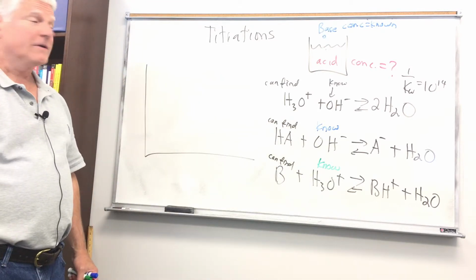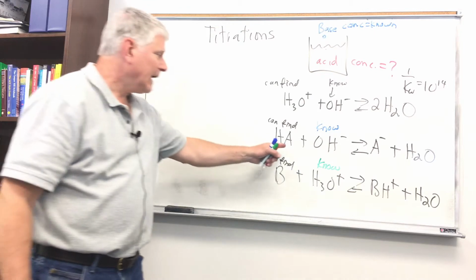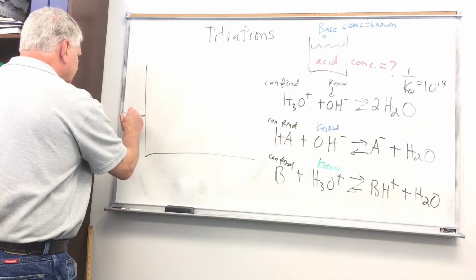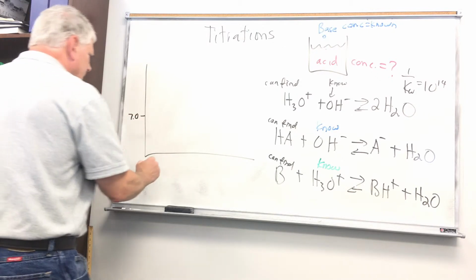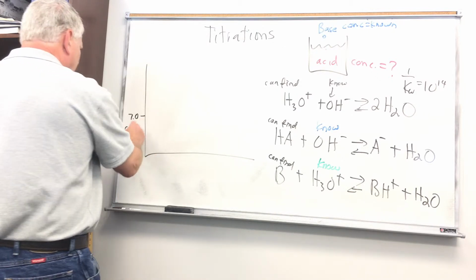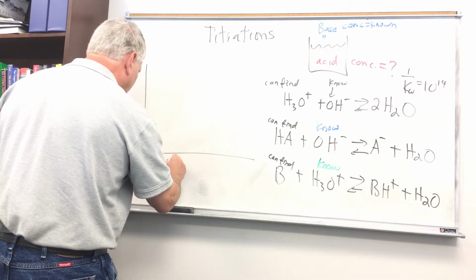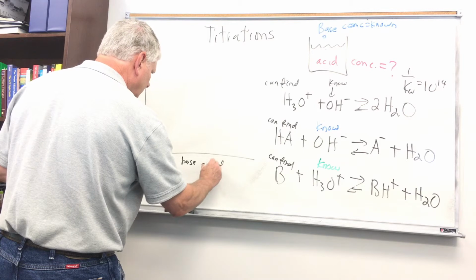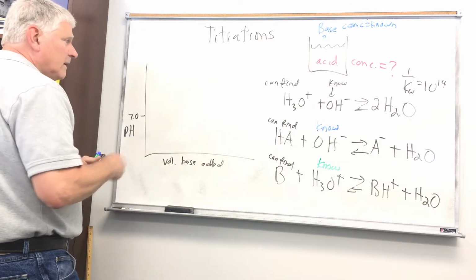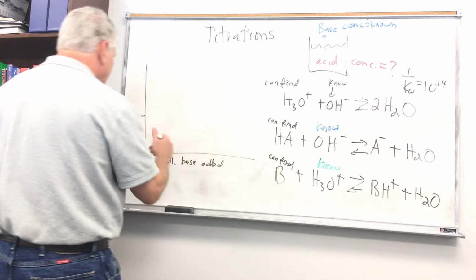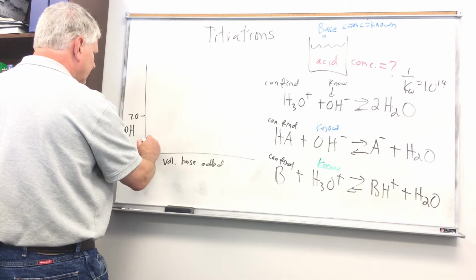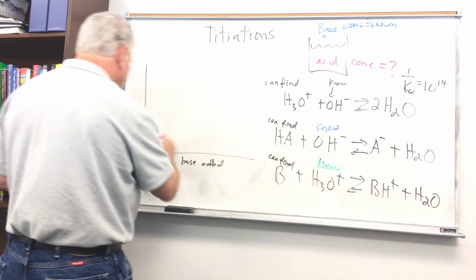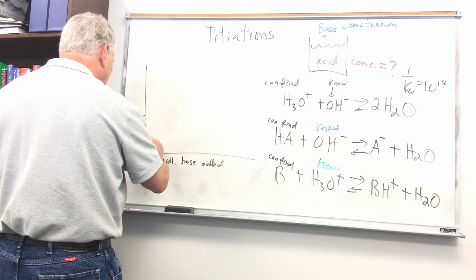So now let's consider titrating a weak acid with a strong base. So here I'll have pH 7.0, and this will be the volume of base added, and we have a weak acid, so we're going to start in the acidic pH region, and when we add a little bit of OH, the pH is going to go up.